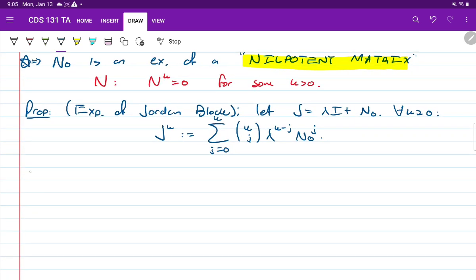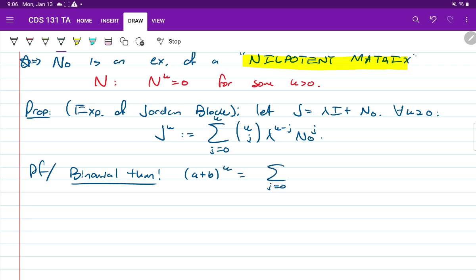The proof of this formula might seem a little bit mysterious, but it is actually just the binomial theorem. The binomial theorem says that (a plus b) to the k is equal to the sum from j equals 0 to k of k choose j, a to the k minus j, b to the j. All that we're doing here is plugging in lambda I and n naught, and then the result follows. Fantastic.